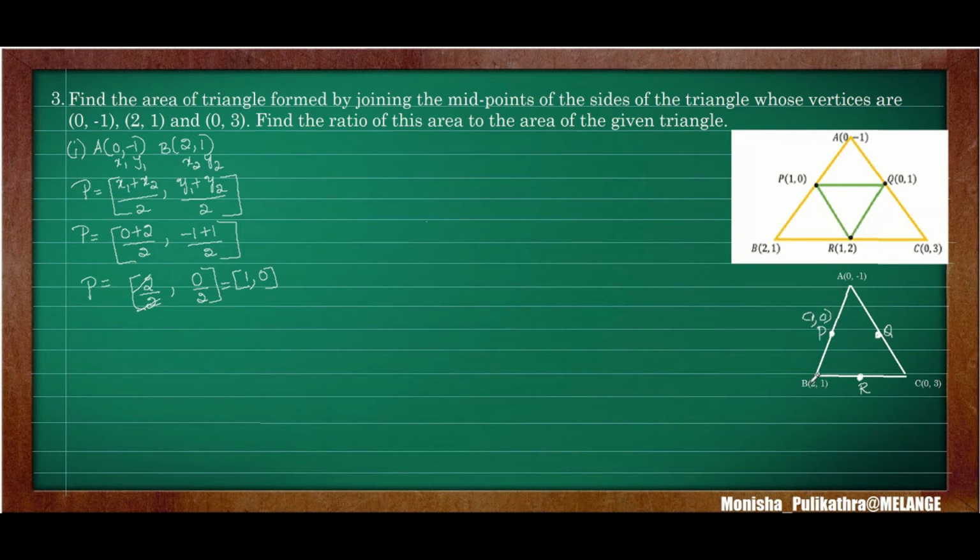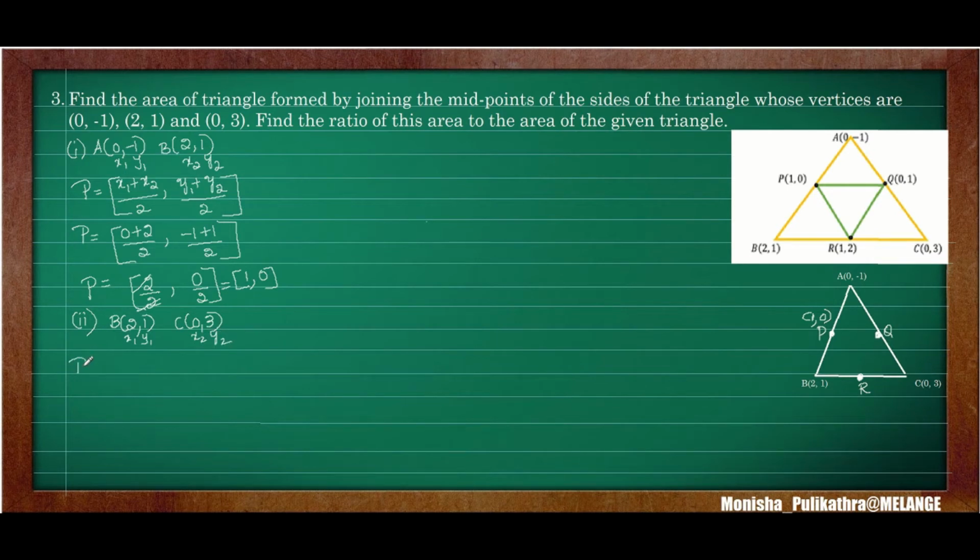Fine. So next we need to find out the R value. In order to find the R value, we need to apply the midpoint formula to 2 points: B, 2 comma 1, and C, 0 comma 3. So here this is x1 y1 and this is x2 y2.